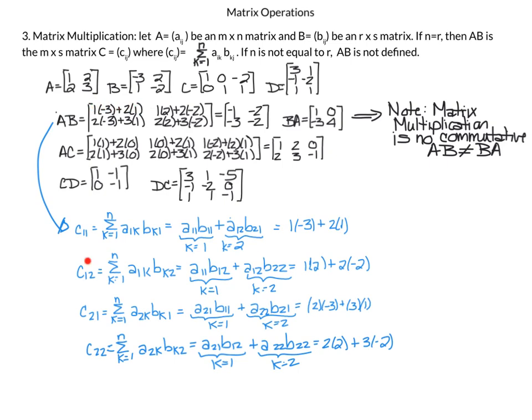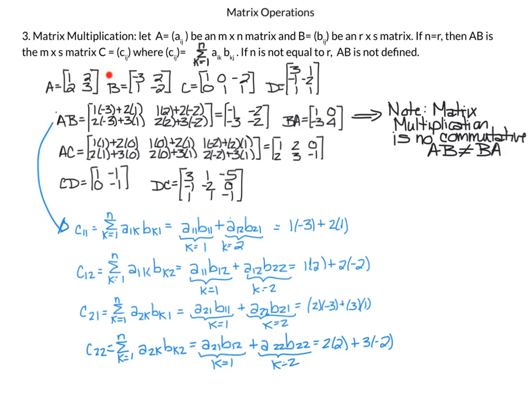I have the other calculations for C1,2, C2,1, and C2,2 broken up here and written out here, and then the final summation here. The easy way to remember this is you're probably not going to expand this formula out every time, but you're going to think of taking the rows of A multiplying by the columns of B. So the first row of A multiplied by the first column of B is your C1,1.